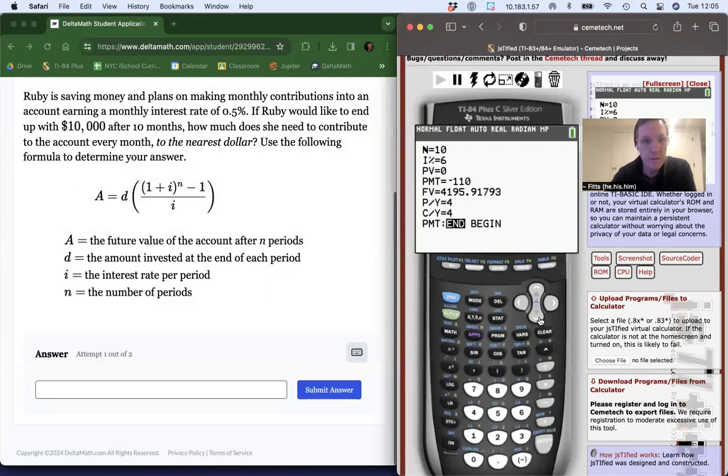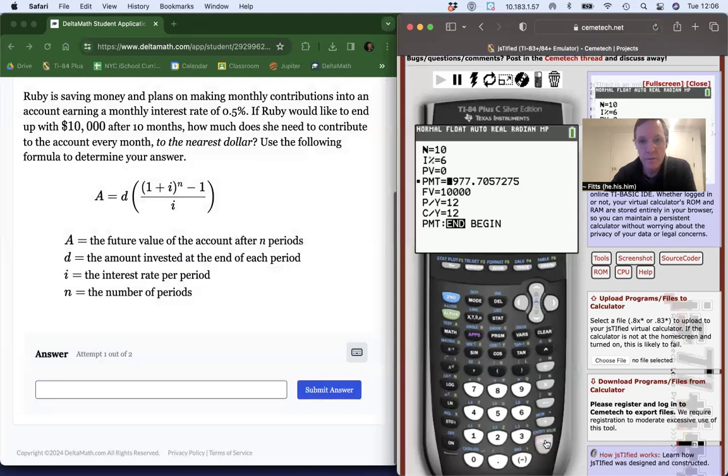Or 6%. I don't care about the present value, right? Because there's nothing in there. She would like to end up with 10,000, so that's what she wants to have at the end. And then this is going to be 12 and 12. Those will always be the same. Okay. Payment amount, that's what I'm solving for.